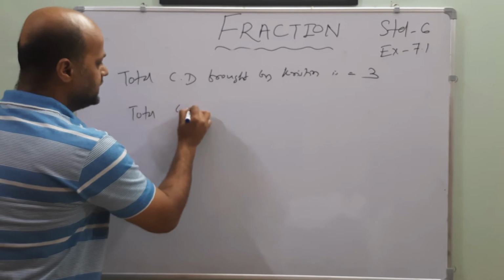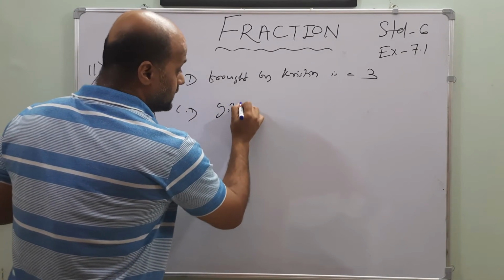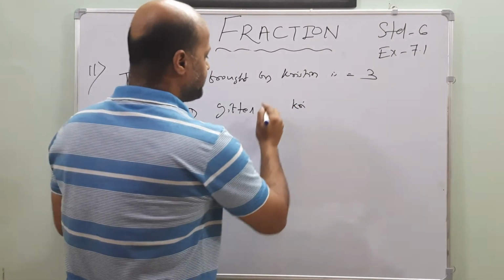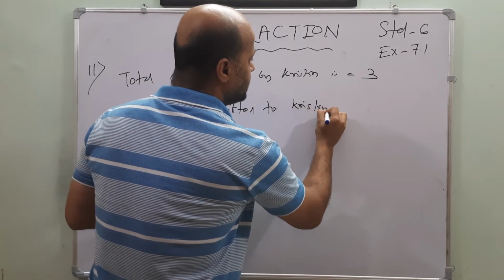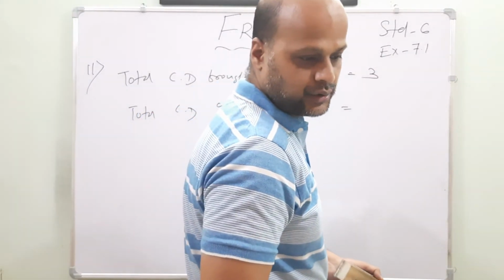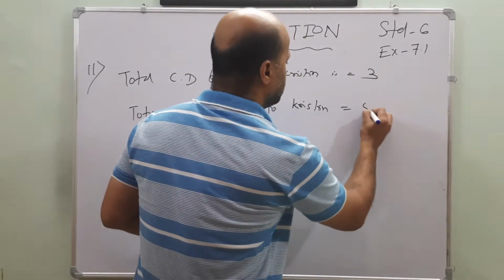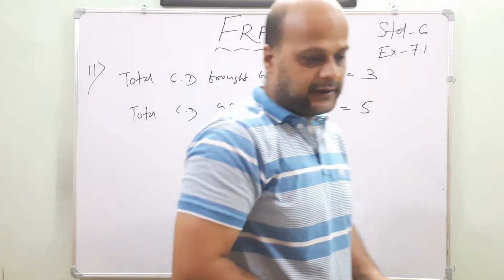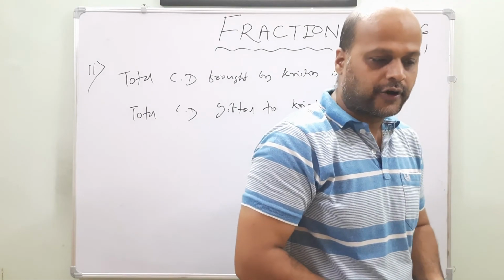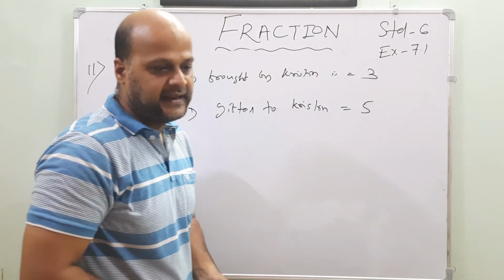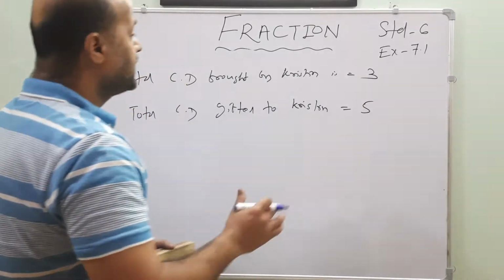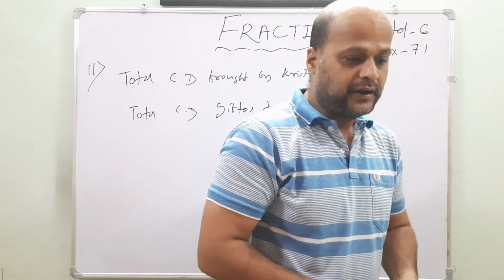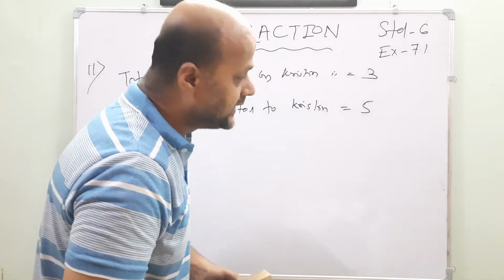Total CDs gifted to Christine is how much? 5. Okay, like this when the statement you have to write it, my dear friends. And it's saying that what fraction of our total CDs did she buy? What fraction of CDs did she buy and what fraction did she receive?